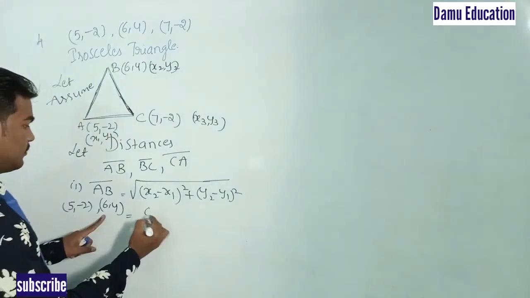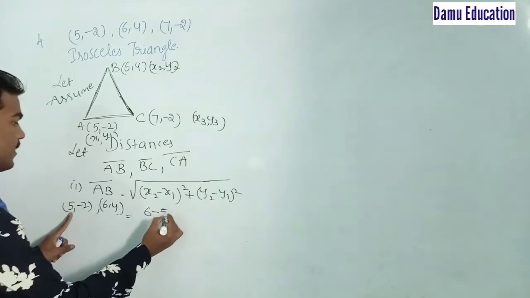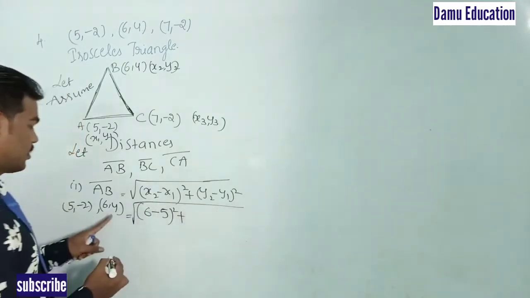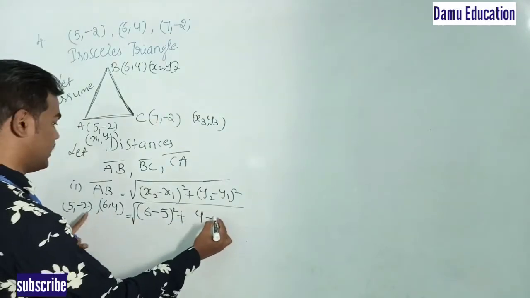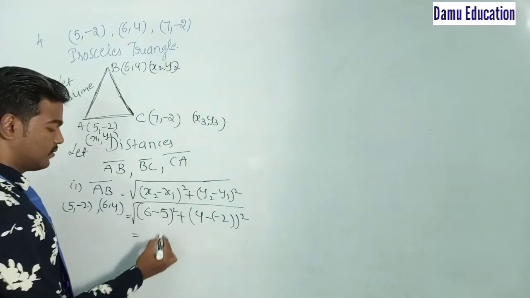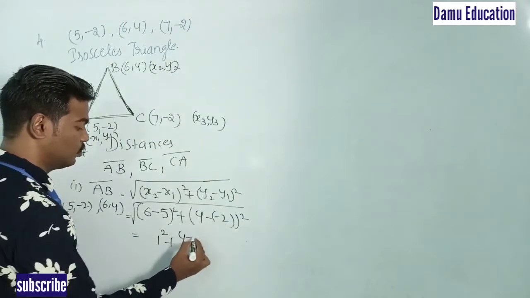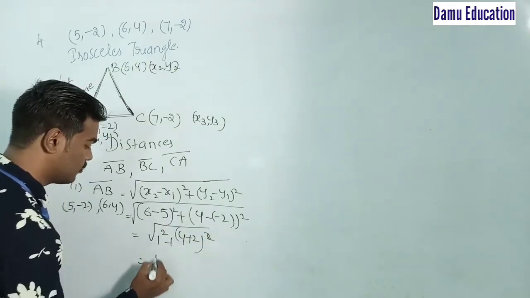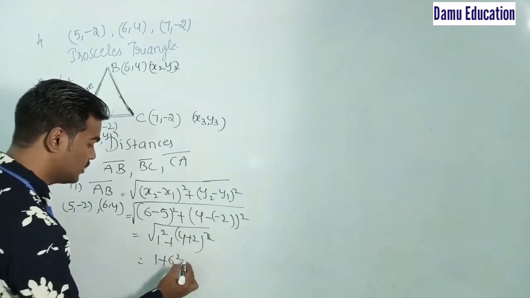So x2 is 6, so (6 minus 5) whole square plus, don't forget to write the square root, and y2 is 4, so (4 minus of minus 2) whole square. So 6 minus 5 is 1, 1 square plus (4 plus 2) whole square, that is 6 square.